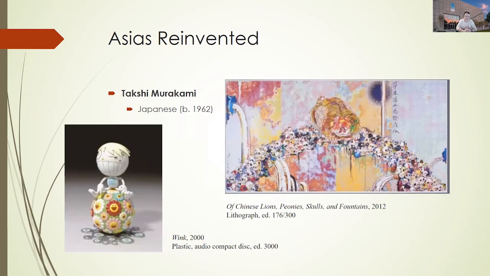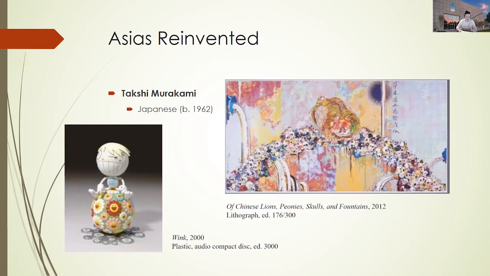Takashi Murakami is a very famous artist from Japan. And if you Google his work, you will find all kinds of fun stuff. So I'm going to kind of go through these a little bit quickly.